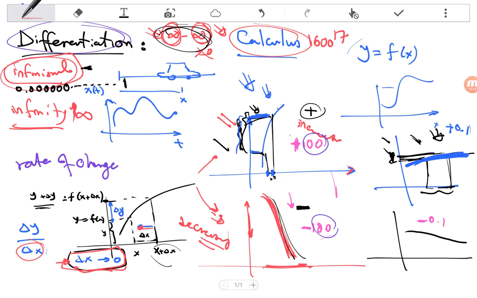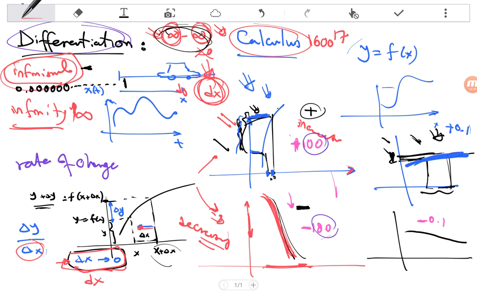In this case, when delta x is approaching 0, we give it a notation, we call it dx. So whenever you see the notation dx, dy, it means that we suppose or assume that this number is infinitesimal.